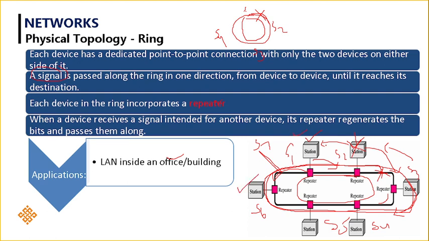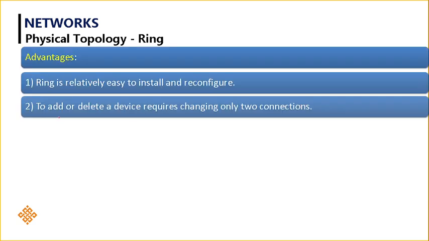Those two configurations I need to do, giving the S7 information to its neighboring nodes. So that's the point: to add or delete a device, it requires changing only two connections, its neighboring nodes, left side and right side.